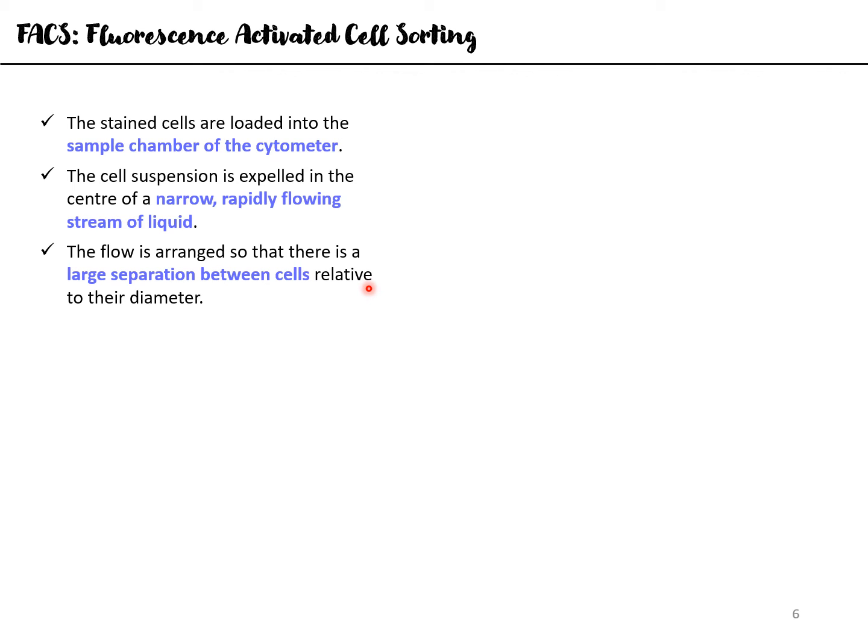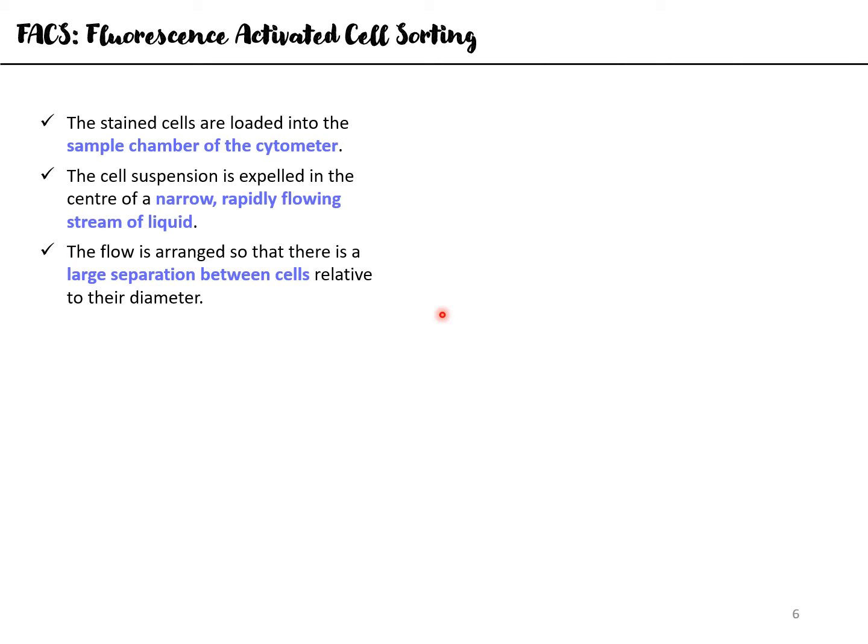The flow is arranged so that there is a large separation between the cells relative to the diameter. Now this step is important to allow for the sorting of the cells, because over here you'll be collecting these cells depending upon the pattern of fluorescence or fluorescent signal emitted from them. So this gap between successive cells will help with the sorting.